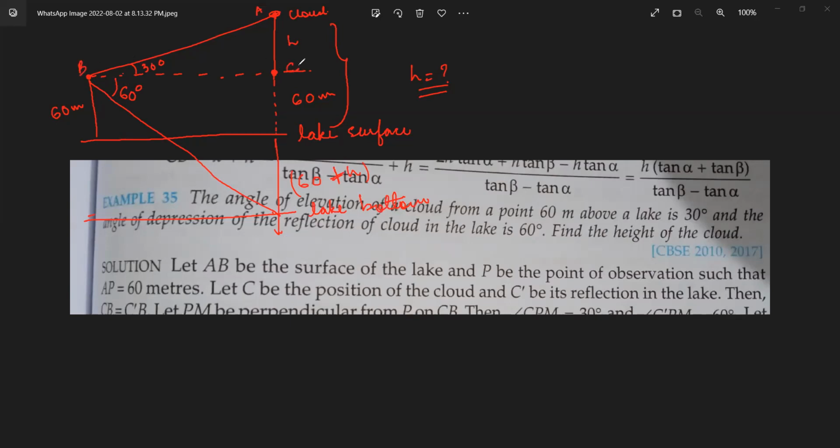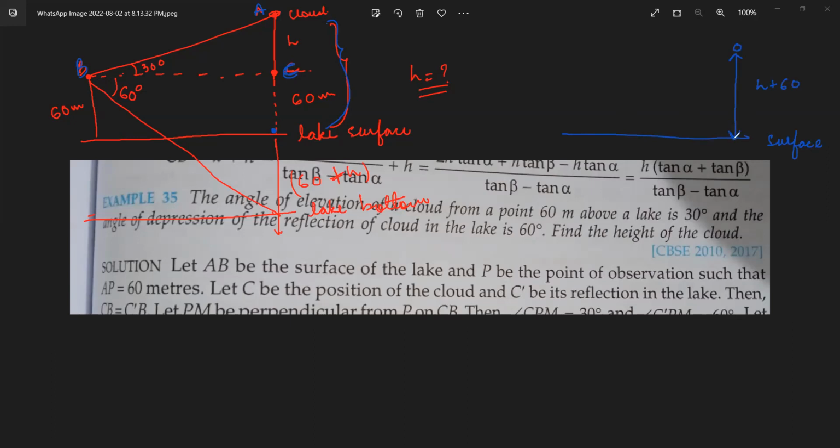Ma'am, the depression angle would be under the 60 meter, right? See, where will the reflection be formed? If this is the surface of the lake, and from the surface of the lake, just forget about the observer, let's say this is the cloud. From the surface of the lake, this is the height, h plus 60, isn't it?